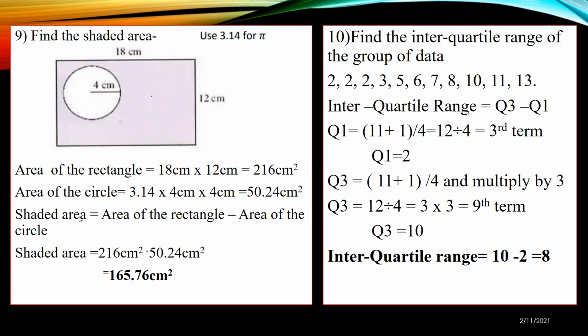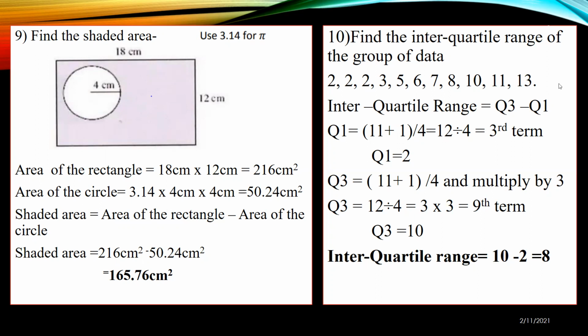Now you have to find the shaded area. How do we find the shaded area? From the area of the rectangle, you have to take away the area of the circle. Then you will get 165.76 square centimeters.